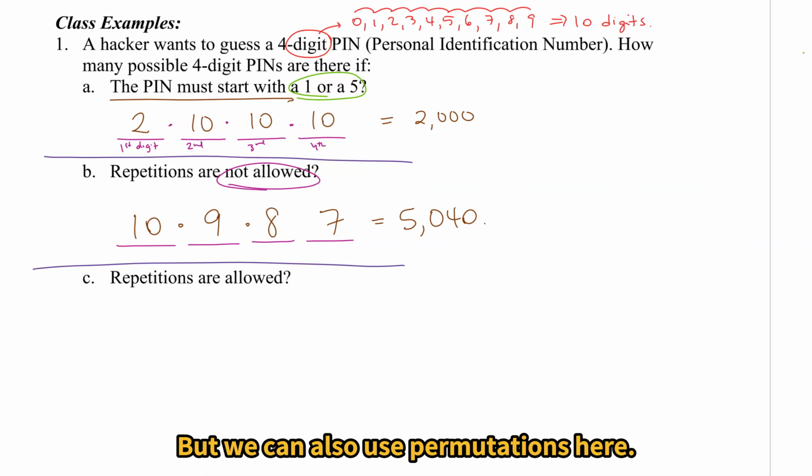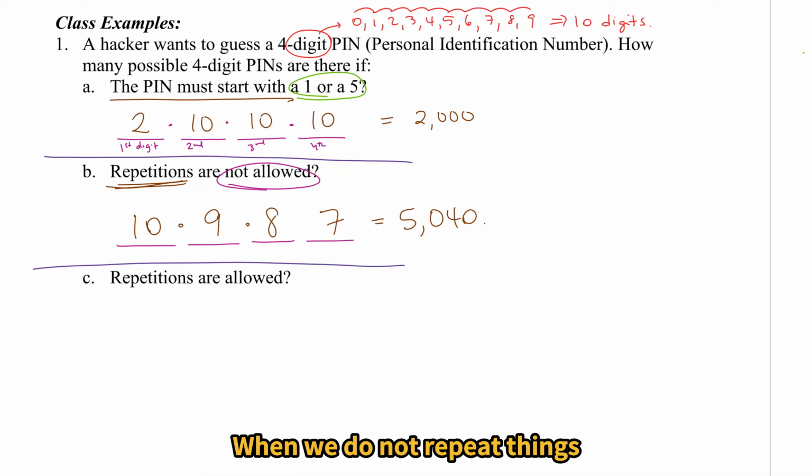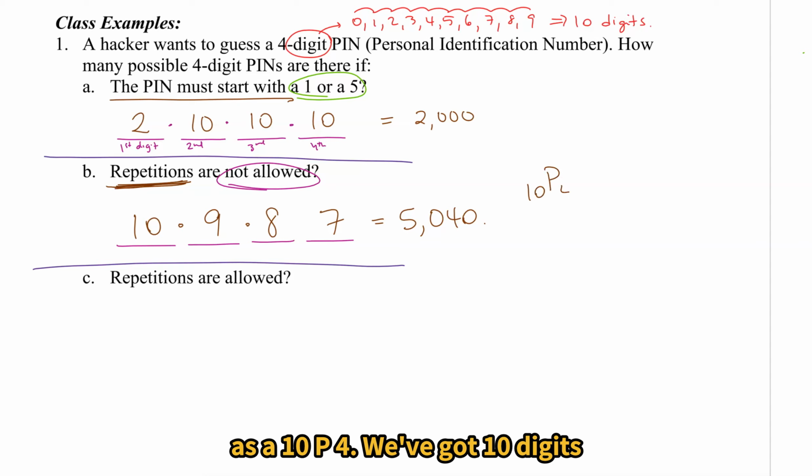But we can also use permutations here. When we do not repeat things and we are arranging, the order is important. 1, 2, 3, 4 is not the same pin as 4, 3, 2, 1 because we enter them differently. This is a permutation, so we can think about it as a 10P4.